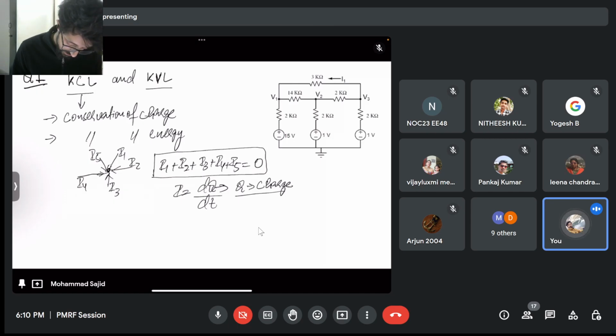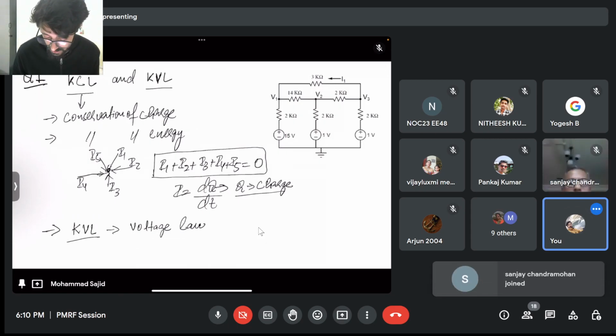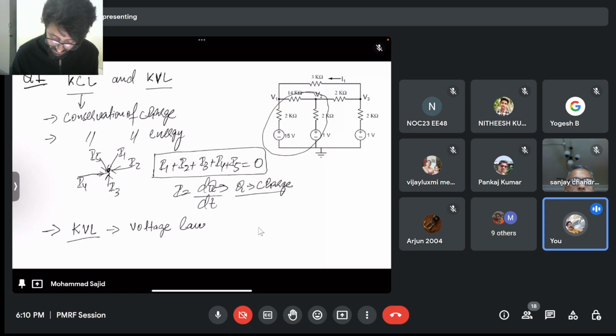Similarly, we have KVL. What does KVL stand for? KVL stands for Kirchhoff's voltage law, right? It states that if you have a circuit, let's say in this figure, if you have this loop, you will see there are two voltages, 15 volt, 1 volt, and there will be some drops across the resistors. You know that, right? The current is flowing in this direction, there will be some drop here, or we can say there is a potential from here to here, similarly here to here, here to here.